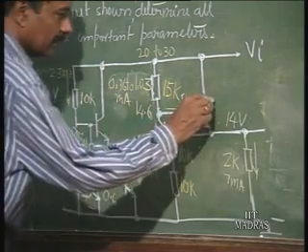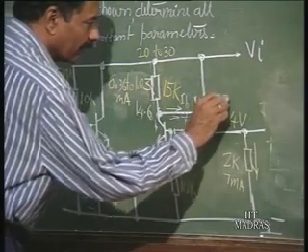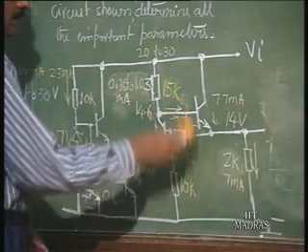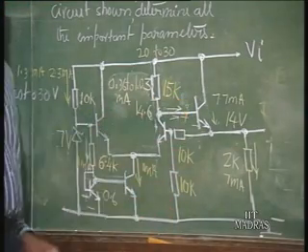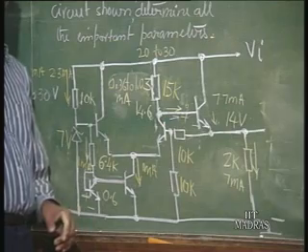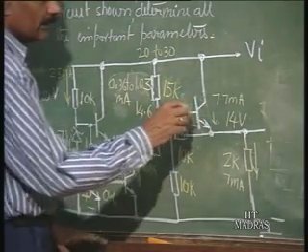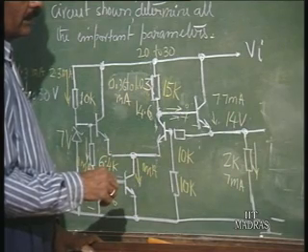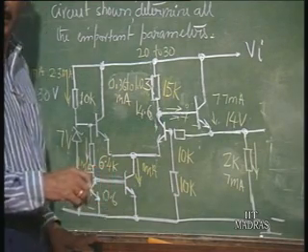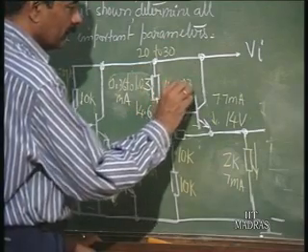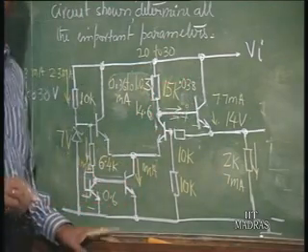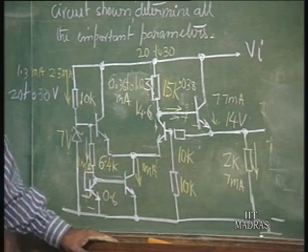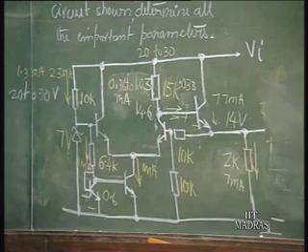So the total current here is 7.7 milliamperes, and therefore the base current is 7.7 divided by 200, which is going to be 0.038 milliamperes.